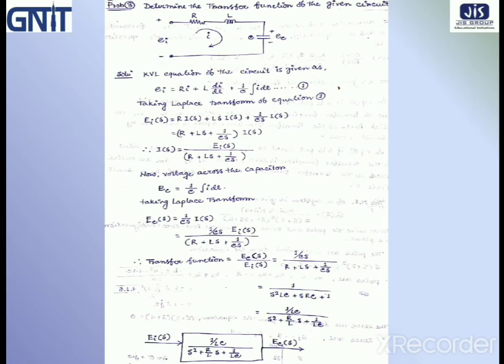Now put the value of I(s) from the previous one, and after simplifying we will find E_C(s) by E_I(s). That will be the transfer function of the RLC series circuit, that is 1 by LC divided by s square plus R by L s plus 1 by LC.